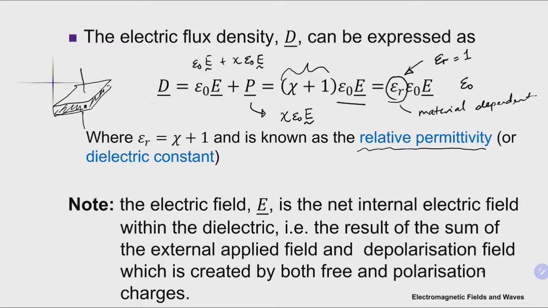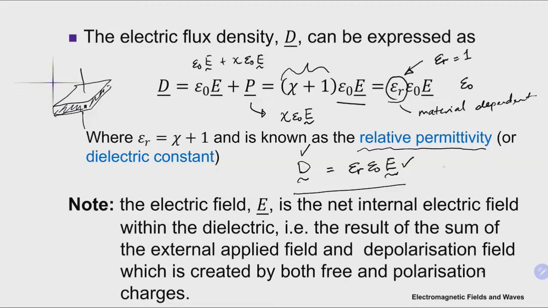So this leads to our relationship: D equals epsilon r epsilon naught E. In the previous slide, we said that for insulating materials, it is easier to work with the electric flux density D. So we find D first, then we work out E from this relationship. If you have found the electric flux density D, then we can work out the electric field.